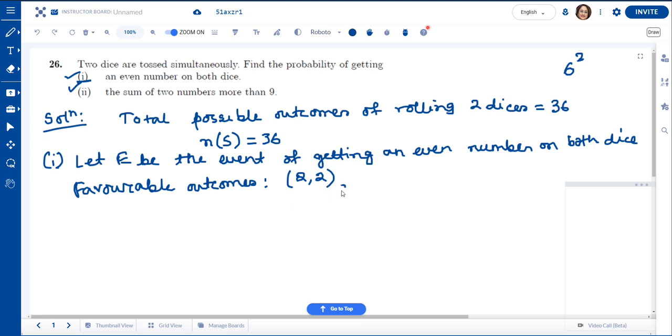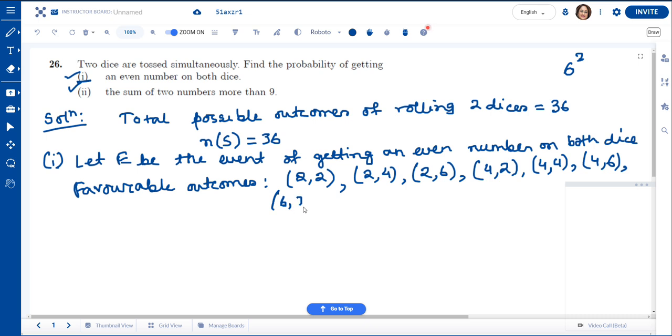So 2, 2; 2, 4; 2, 6. Then we have 4, 2; 4, 4; 4, 6. Then 6, 2; 6, 4; 6, 6.